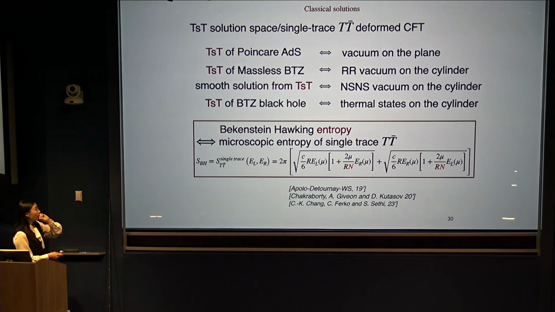So then there are lots of things we can do. As I mentioned, we can generate lots of black hole solutions, and we can work out the gravitational charges and these energies. The energy, left moving energy, right moving energy, and the black hole entropy, they satisfy the same relation as the single-trace TTbar entropy formula.